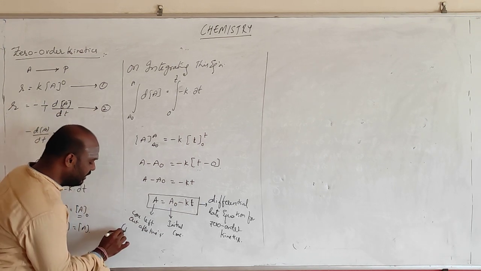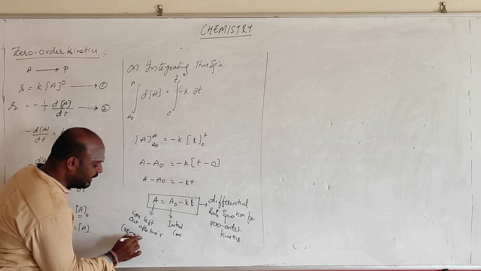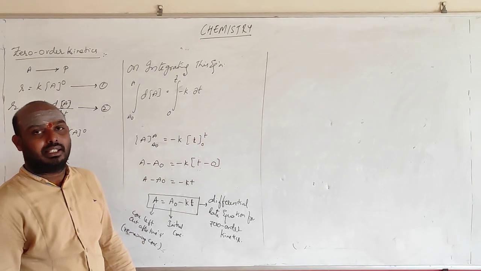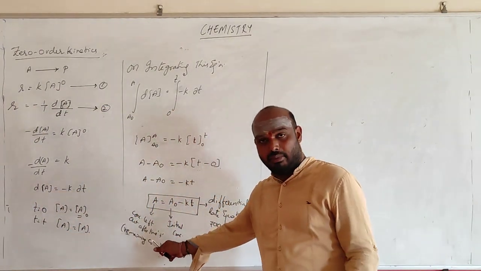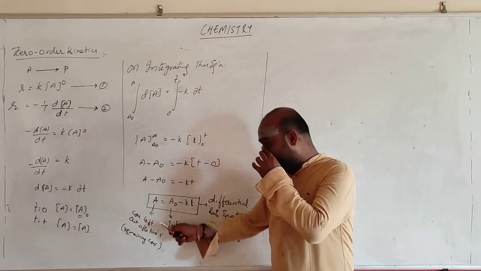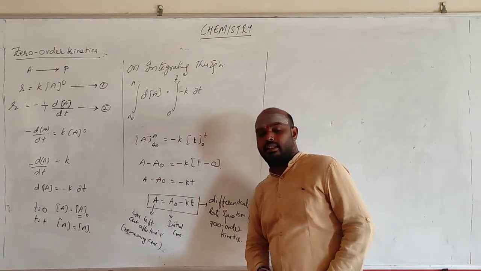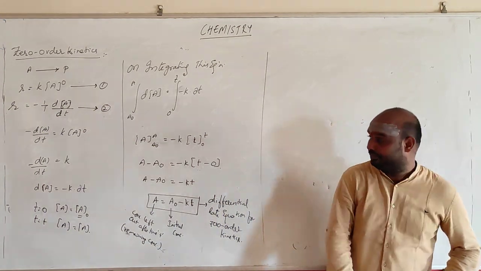This is the remaining concentration, not the initial concentration. The remaining concentration that is left out in the container. Everyone always gets confused here. A is the remaining concentration and A naught is the initial concentration. Minus k is nothing but the rate constant and t is the time.